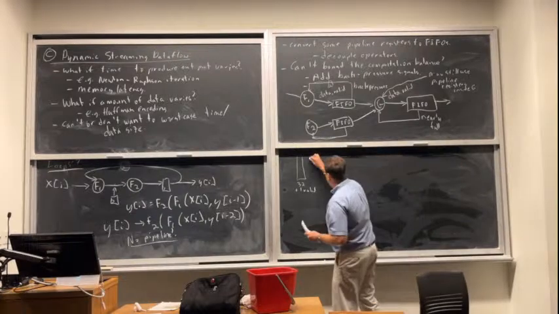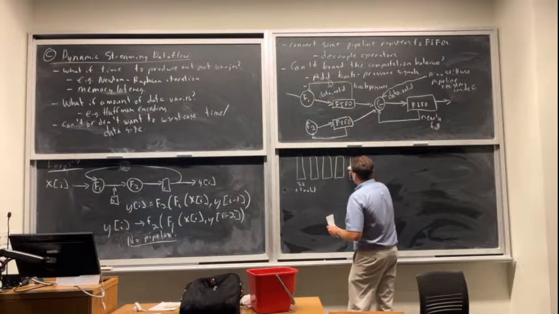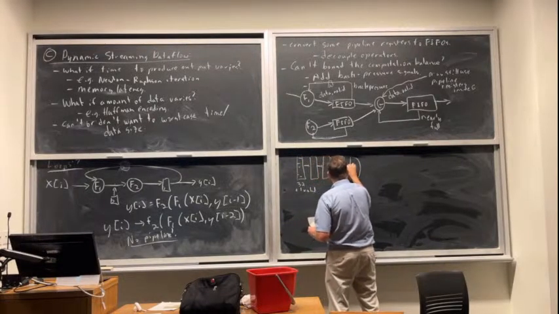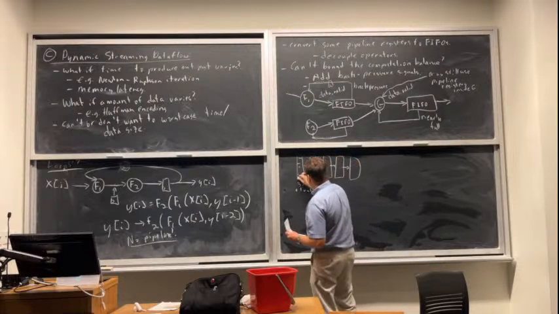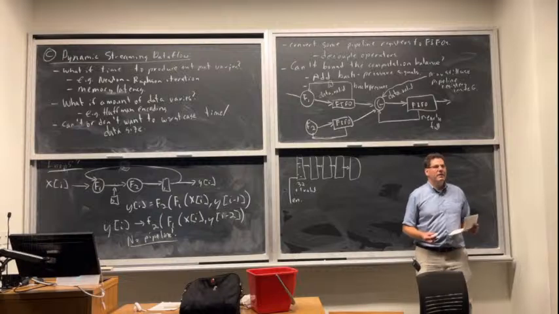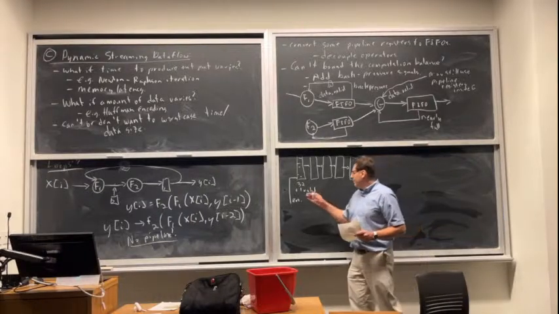So maybe I need 5 words, and each of them are 33 bits. And I could do that with a bunch of registers in a shift register. Okay, and these shift registers have to have an enable signal so that I can stop them. Does that make sense?